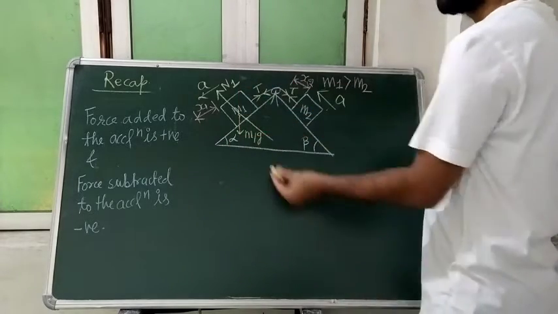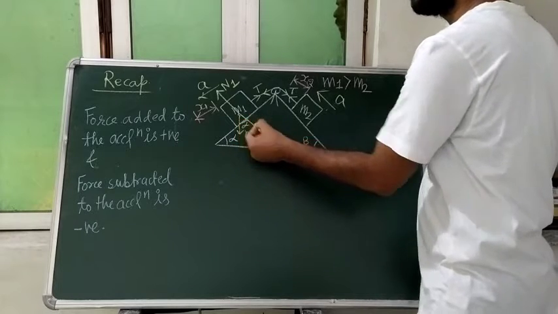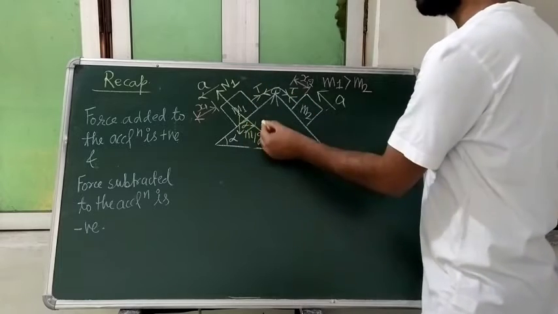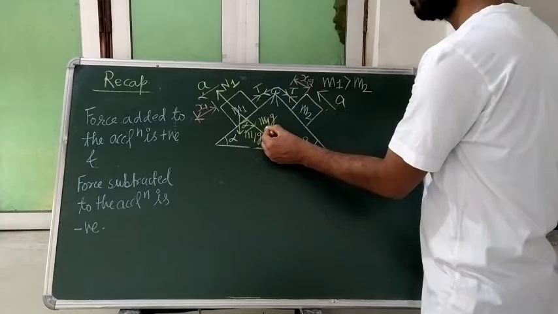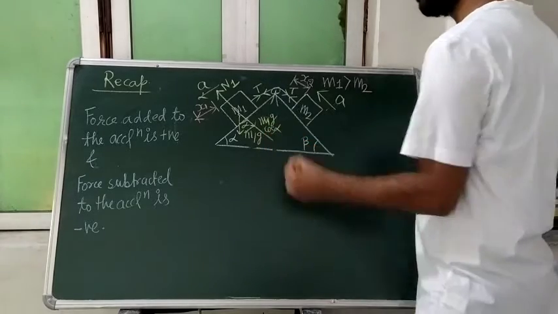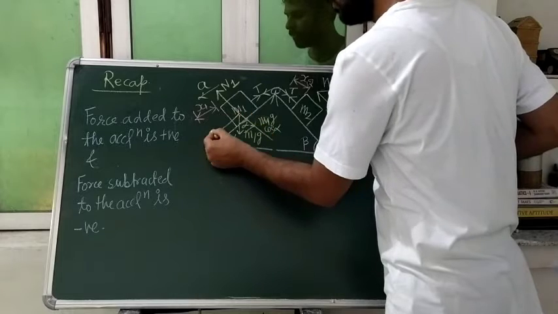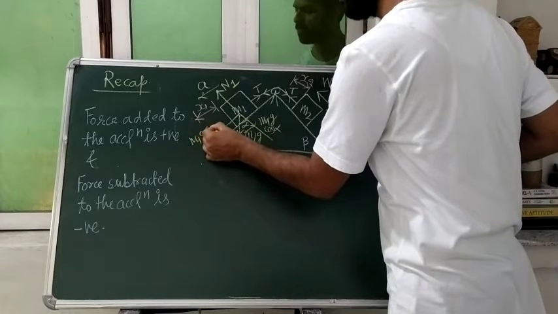And if this is angle alpha, this one will also be alpha, isn't it? And this will become M1g cos alpha here, and this side we will get what? M1g sin alpha.